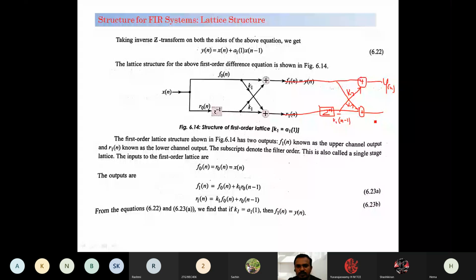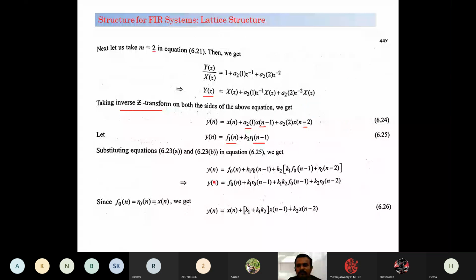So if you consider y of n, it is f1 of n plus k2 of r1 of n minus 1. Therefore, we are going to get f0 of n, 0th order, k1 r0 of n minus 1 plus k2 of the remaining product, that is k1 of f0 of n minus 1 plus r0 of n minus 2, once you substitute what is r1 of n minus 1 and what is f1 of n.